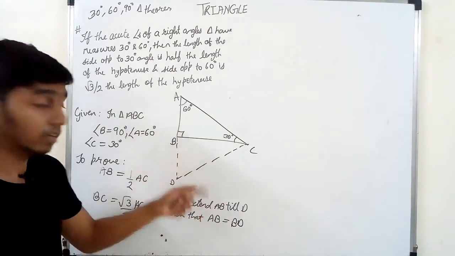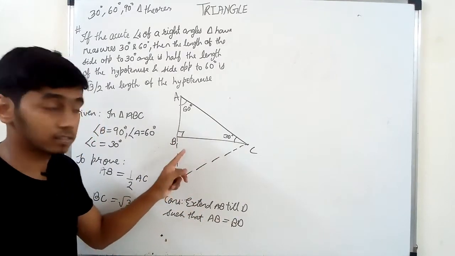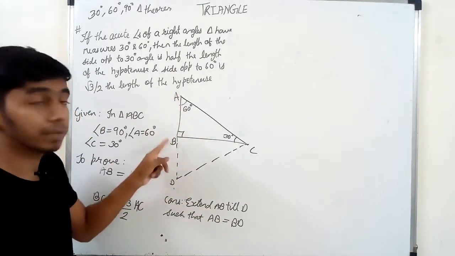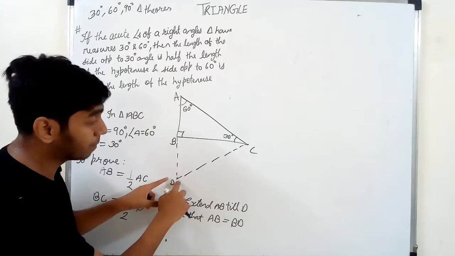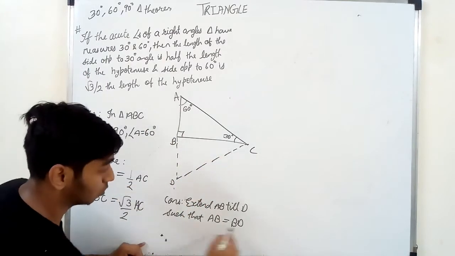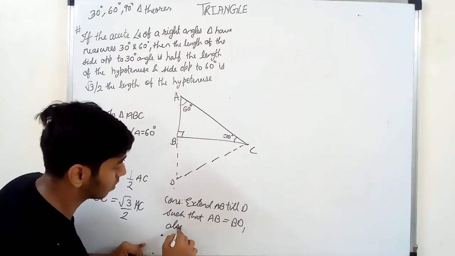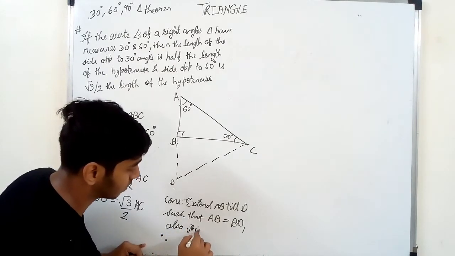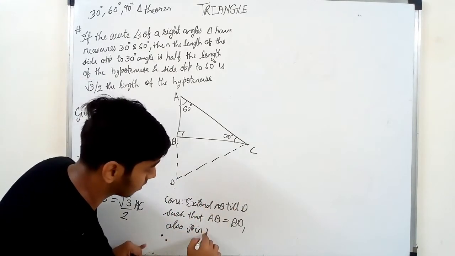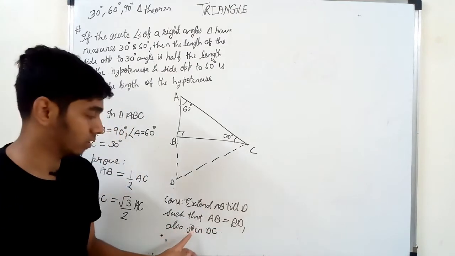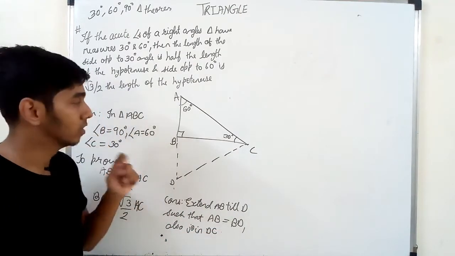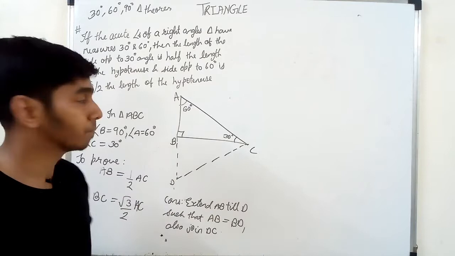So we are constructing another triangle in such a way that BD and AB are the same, and also join D and C. Okay, also join DC. So that's the construction we have done.